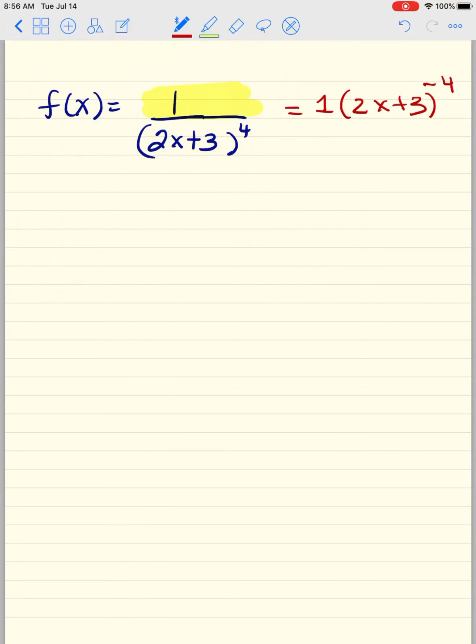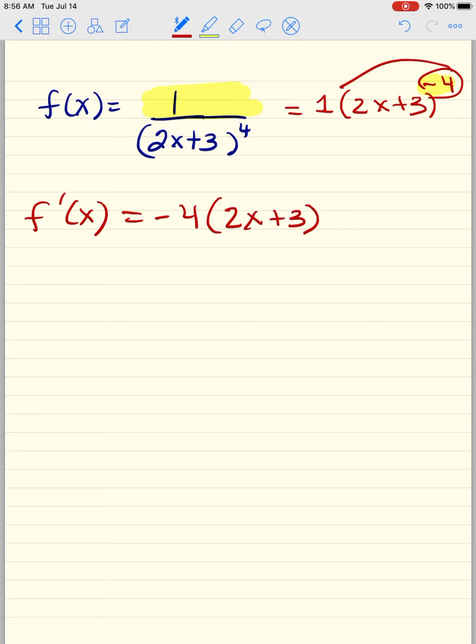Now what I'm going to do in this case is the chain rule. If you guys remember why, it's because my exponent is something other than 1. Negative 4 times 1 is negative 4. Recopy the inside, drop it by 1, becomes negative 5, times the derivative of the inside, which is just 2.